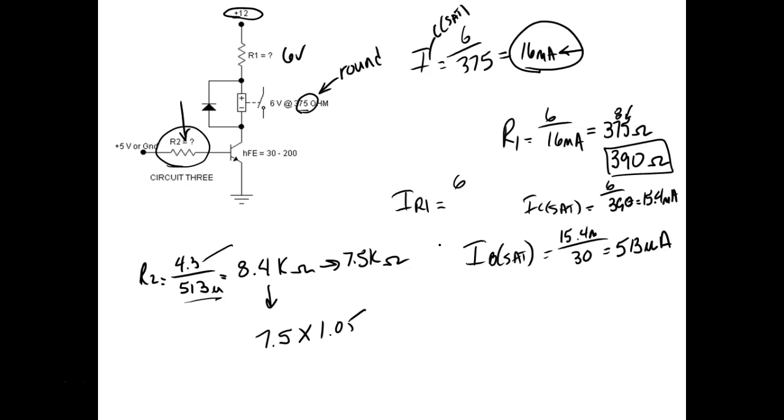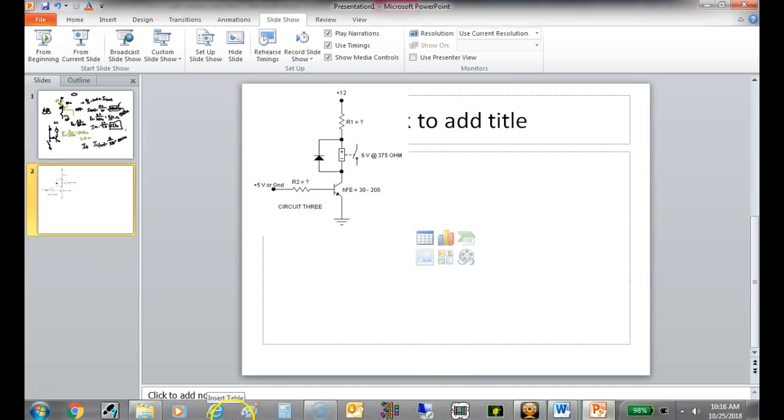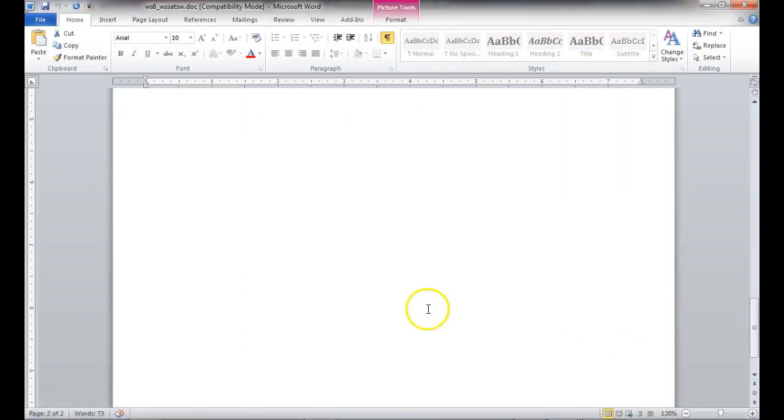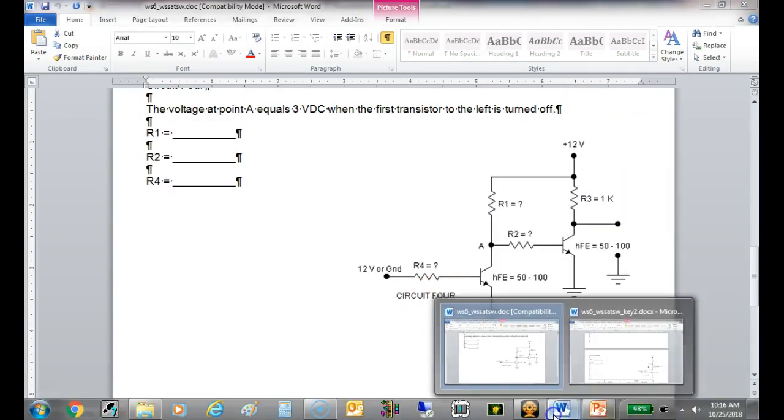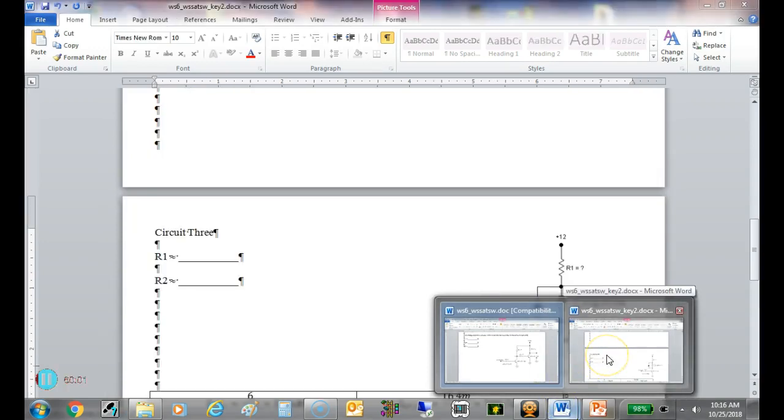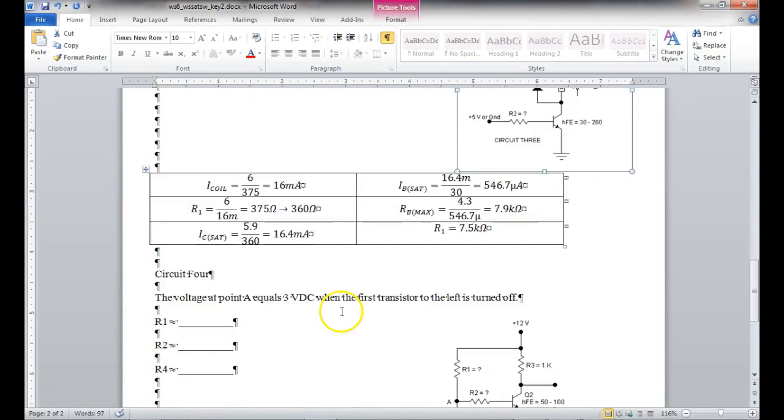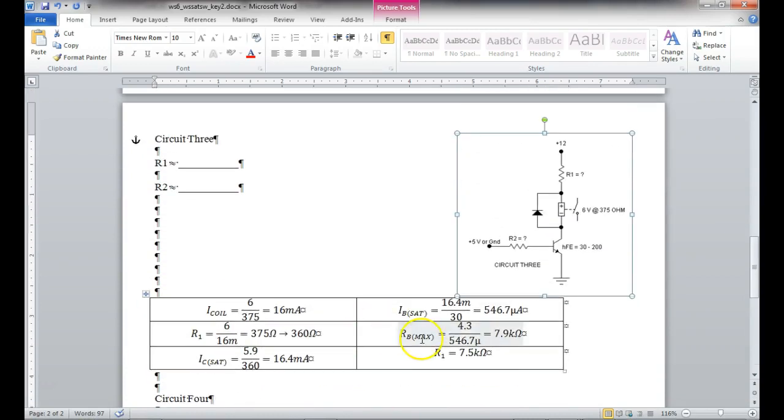What's that? Okay. Oh, you're talking about my key, right? Okay, so let me go back to that and correct that for y'all. That was circuit 3, right?